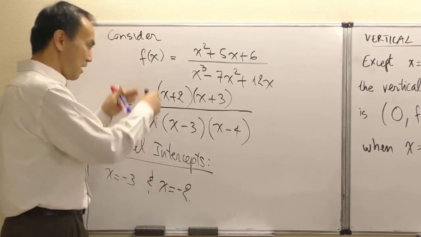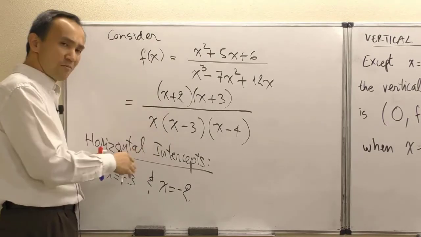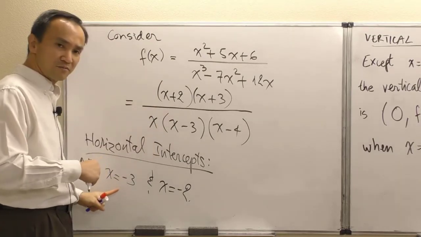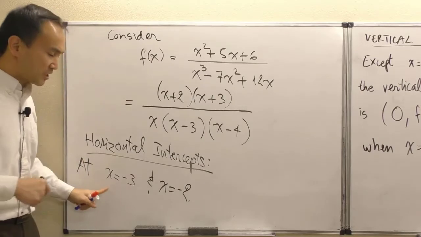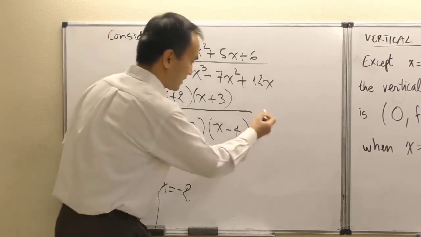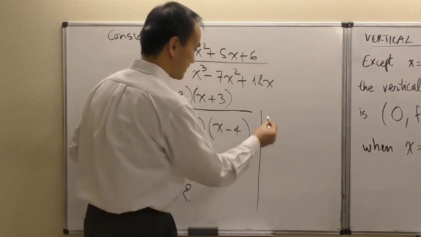But it's an observation coming right from this problem, after looking through the graph that allowed us to spot these two horizontal intercepts.